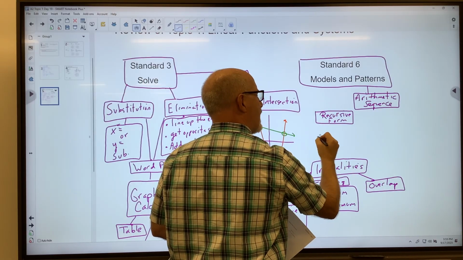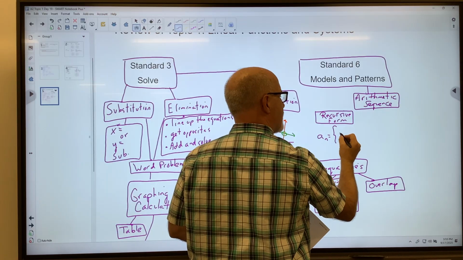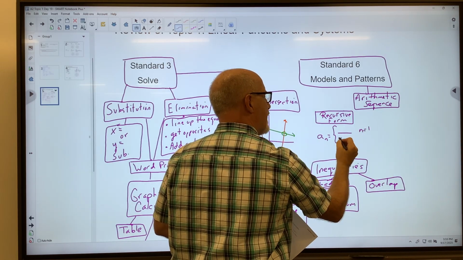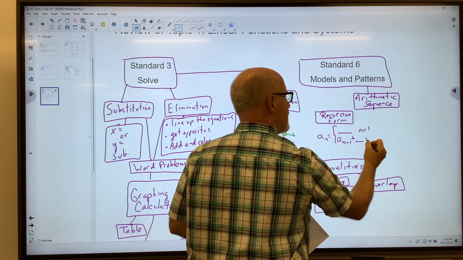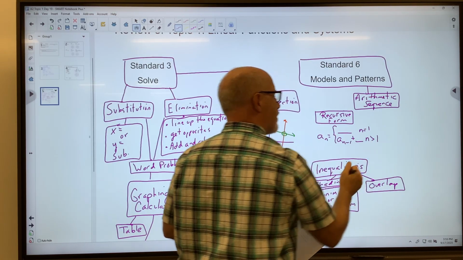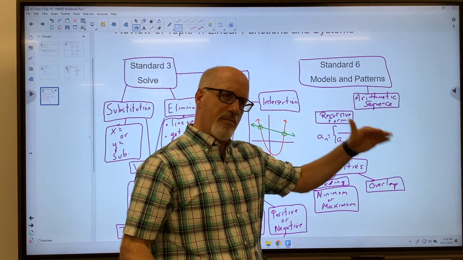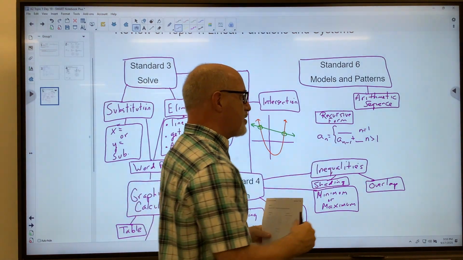And that form looked like a sub n equal to, you had two lines. You filled in the first value here for n equal to 1, and then you did the previous number plus the common difference for n greater than 1. So it was defined by what did the sequence, the list of numbers, start with, and then what do we add on each time.